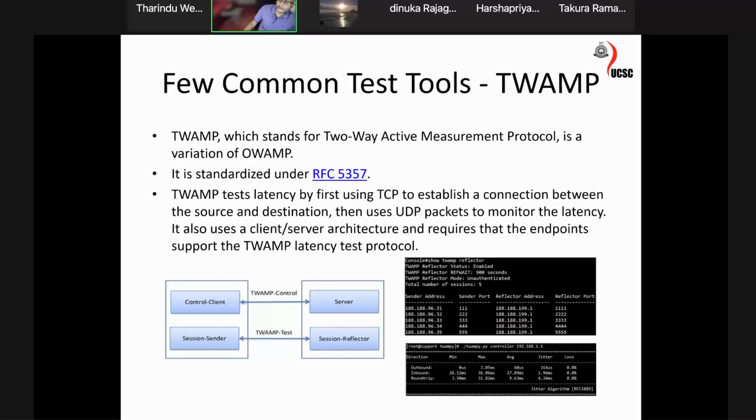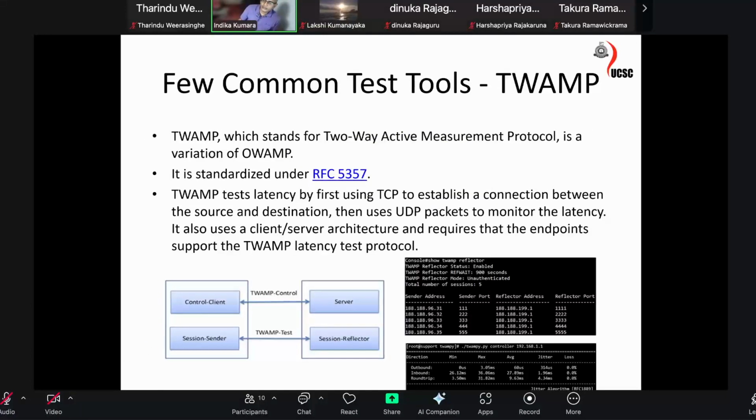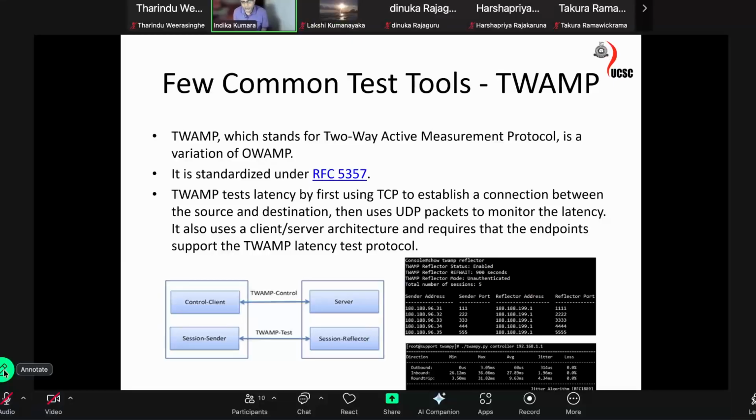Two-way Active Measurement Protocol is the name. The previous one is One-way Active Measurement Protocol. These are standard tools defined by RFCs, Requests for Comments, through a standardization process. This is quite a famous tool and it is widely available on network devices.